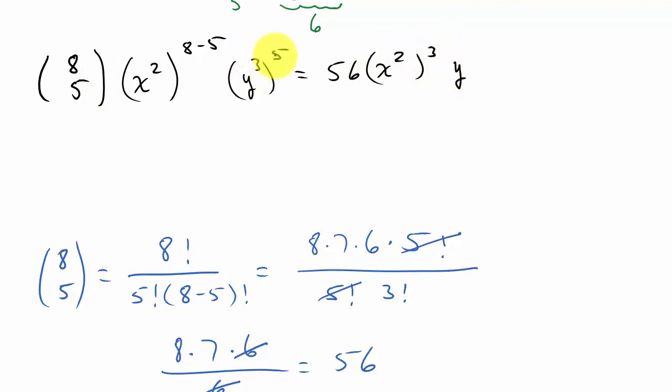And remember with these exponents you multiply them, so 3 times 5 is 15. So that's 56 x to the 6th, multiply the exponents, 2 times 3 is 6, y to the 15th, and there's your answer.